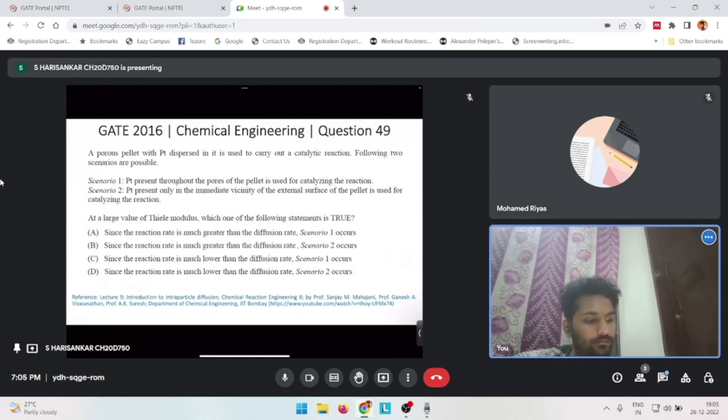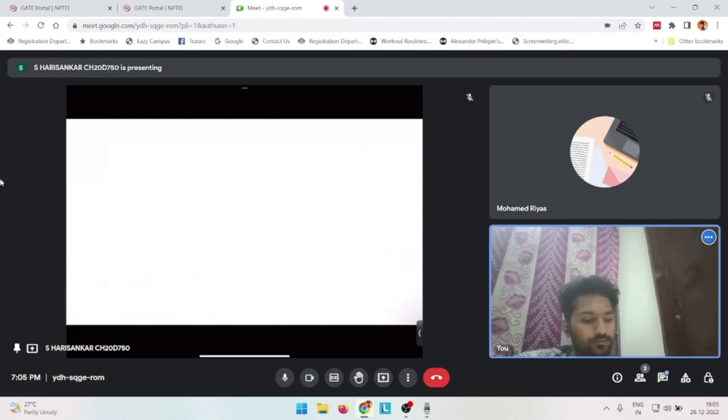So here there are two scenarios given. Let's say this is our pore or active site on the catalyst. So you have a particle.